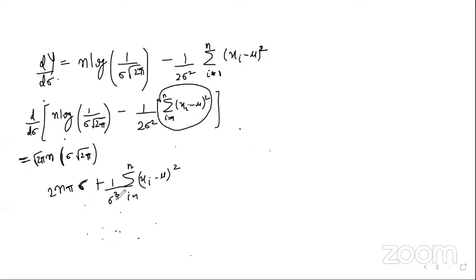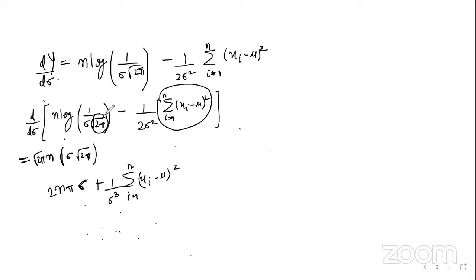Has anyone tried this? Ma'am, when we take the likelihood, we can avoid the term 1 by root 2 pi. We can avoid this term, right?